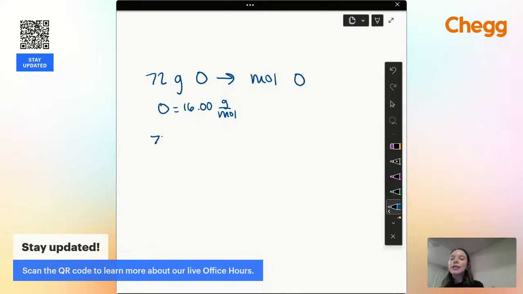So we start with what we're given. We're given 72 grams of oxygen, and we want to go from grams of oxygen to moles of oxygen. Moles is always going to have that 1 coefficient because if you think grams per mole, moles is on the bottom, so the number is going to go with grams. So that 16 right here is going to go on the bottom. We're going to divide, so 72 divided by 16.